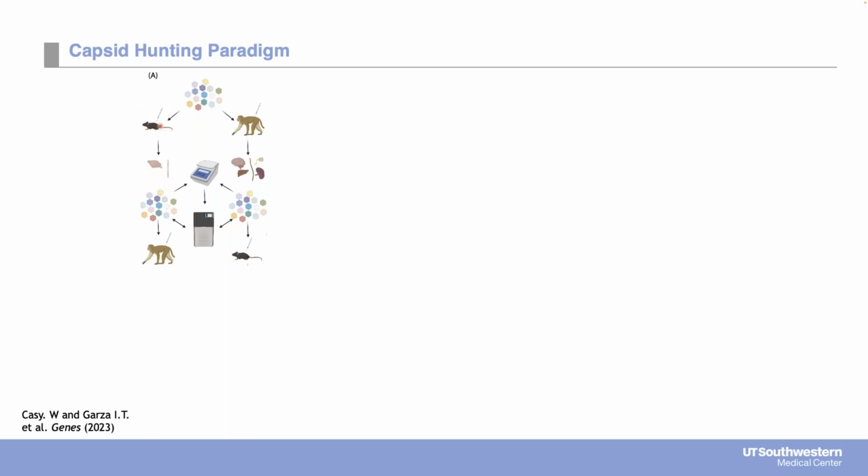For instance, in this case, where the mouse was injected and we extracted DNA sequences out of the brain and the spinal cord, we made this library out of capsid sequences derived from the brain and spinal cord, and we injected that brain and spinal cord derived library into non-human primates, the opposing species.